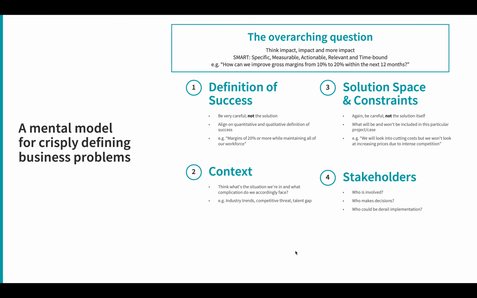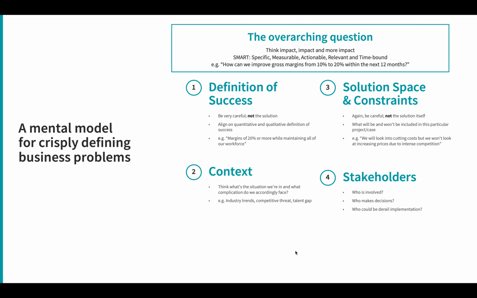It's a good problem to have. But basically, what is the general situation and why is that causing a complication that we need to handle, whether positive or negative? And the context is usually industry trends, competitive threats, potentially a gap in talent, that kind of stuff. You really want to make sure that you have that in the back of your mind.